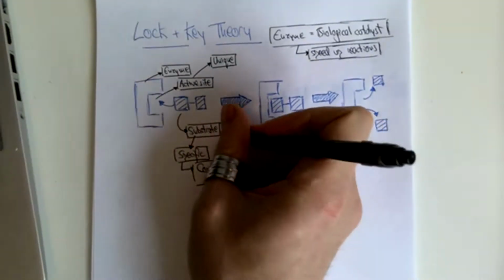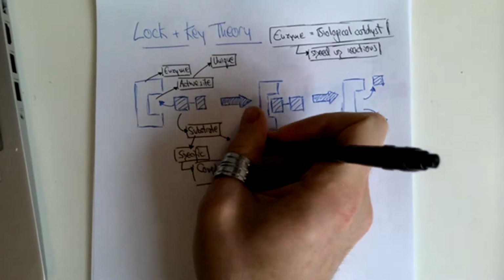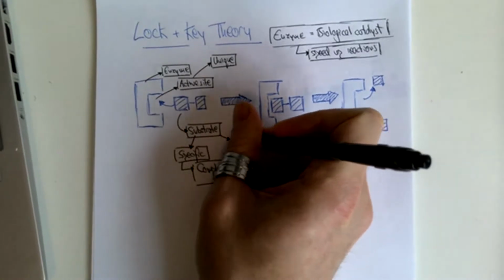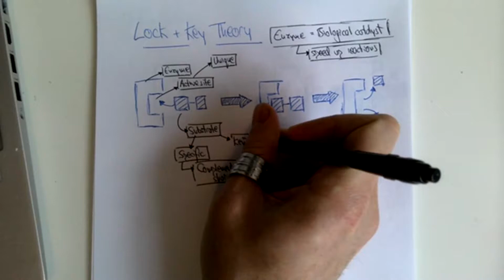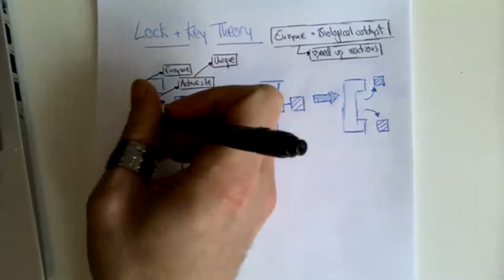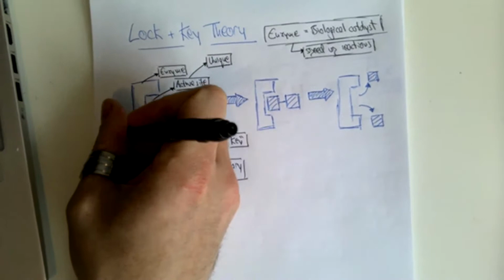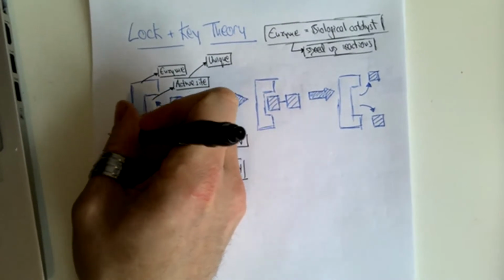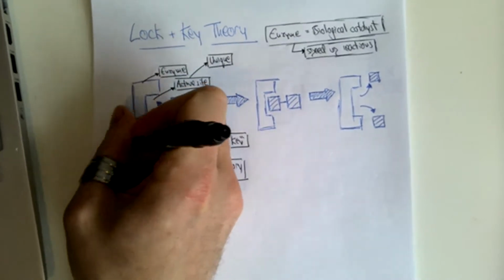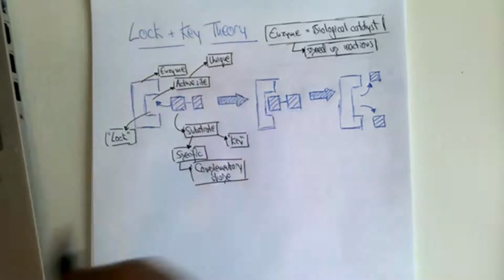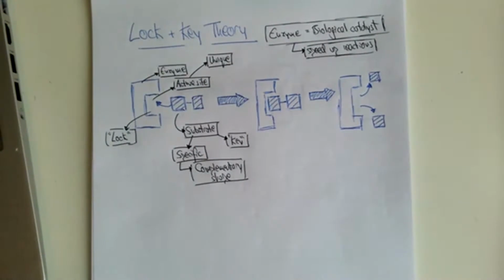The substrate acts a bit like a key, which is only unique and will only work within a specific lock. And the active site acts a bit like the lock. It only accepts specific shaped substrate molecule moving into it.